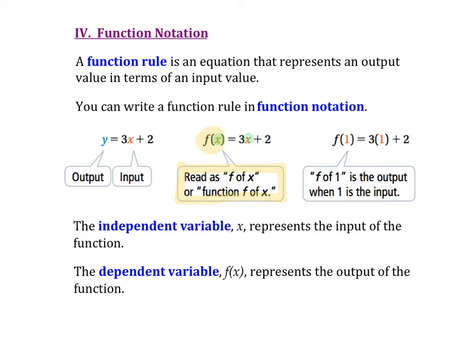So over here, when it says f of 1, that means we're plugging 1 in for my function. Whatever we're plugging in, most likely x, that's going to be your independent variable. And whatever we're solving for after we've plugged our input in, that's going to be our dependent variable.